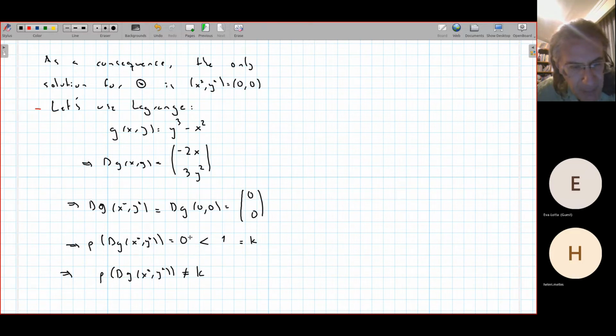Okay. Now, what happens with the conclusion? We know that this condition is not satisfied, but maybe there is some lambda, a Lagrange multiplier, satisfying the conclusion. That's the question. What happens with the conclusion of Lagrange's theorem?